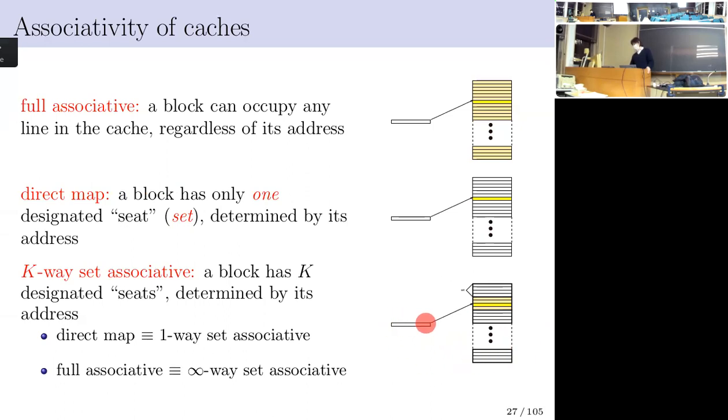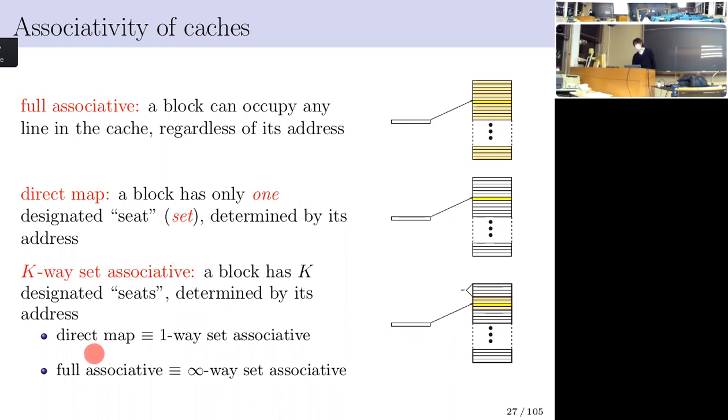For example, given the address of this block you want to bring into the cache, the address determines that this guy can be seated in any of the lines here, the colored region. And the processor chooses whichever is the oldest among these lines in this colored region. This is K-way set associative. If the number of lines it can be seated in is K, it is called K-way set associative.